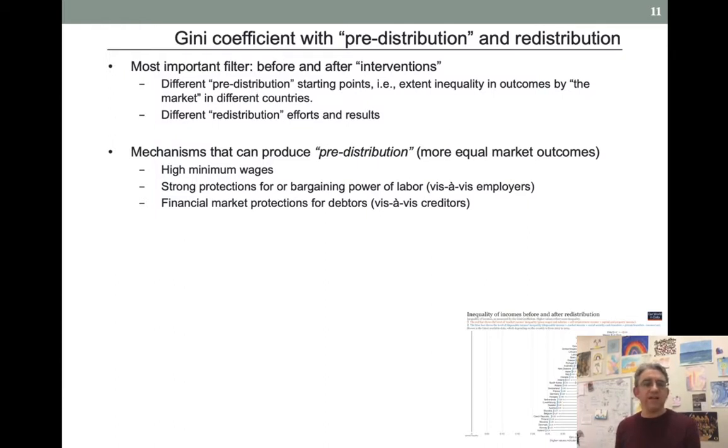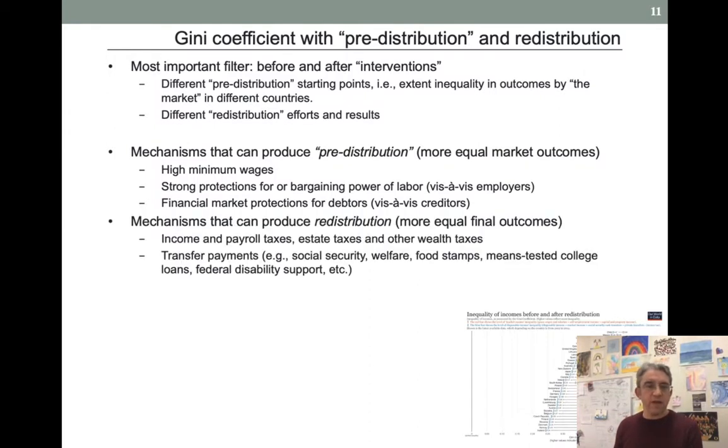And finally, I'd ask you to think about financial market protections for people who hold debt vis-a-vis creditors to be another way that the pre-distribution outcome can be more equal. That's an interesting idea, and it may not be obvious, but there are many ways in which we can protect people in financial markets and allow markets to do a better job for them.